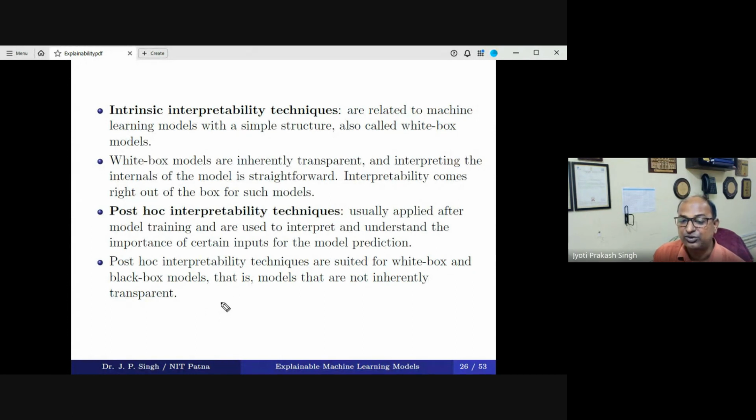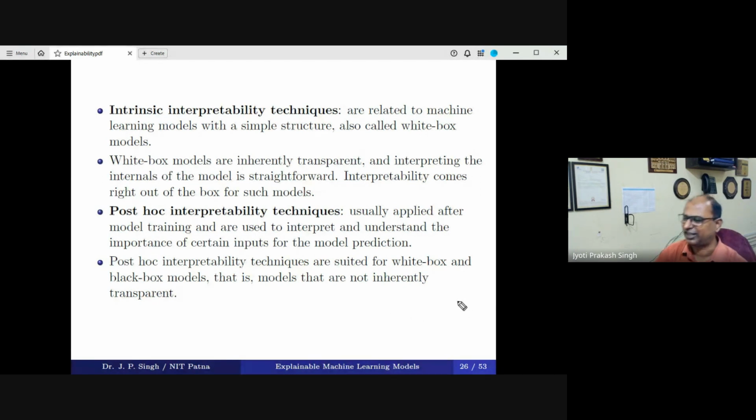y equals to, say, 50 x1 plus 30 x2 minus 3 x3, plus 20 or minus 20 or 10, something like this.